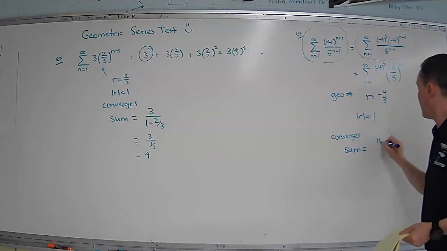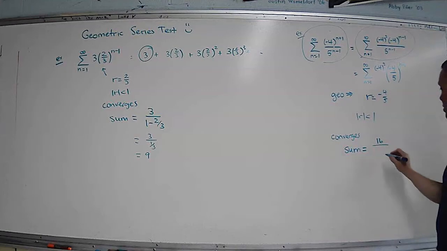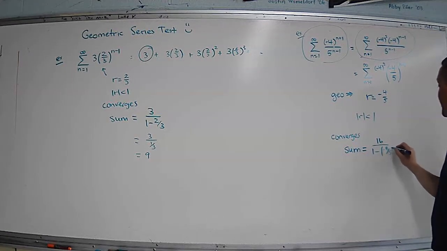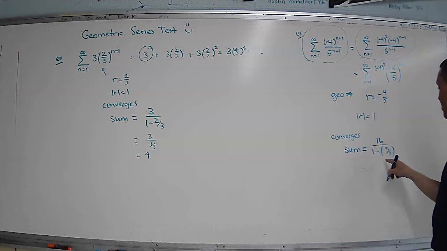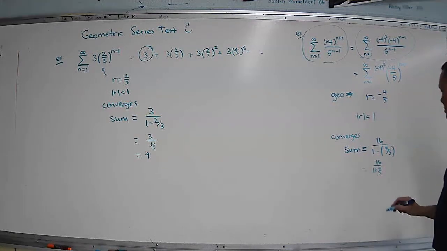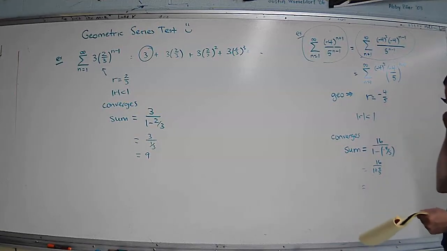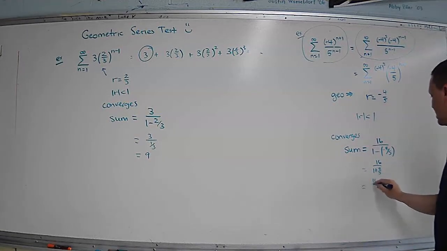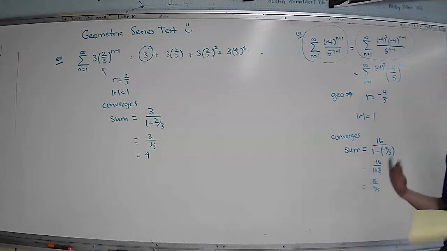So the first term is 16 over 1 minus the common ratio. And yes, that negative goes in there, so that's 16 over 1 minus negative 4/5, or 16 over 1 plus 4/5, which is a dumb way of writing that fraction, but it's okay. So this ends up being 16 over 9/5. I'm just going to leave it like that.